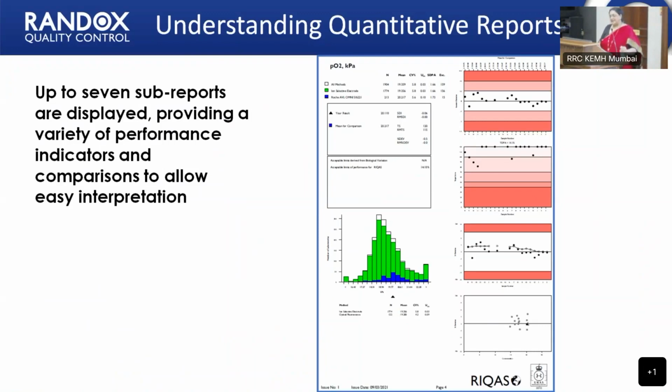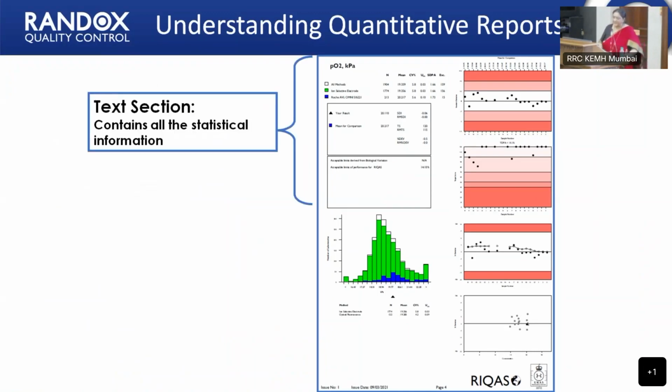For each analyte, we provide 7 sub-reports that provide a variety of performance indicators and help the laboratory understand its performance. The first part is a text section. This text section has three parts. The first part is specifically important.